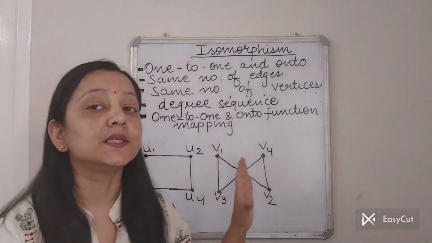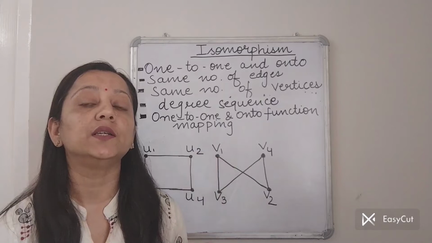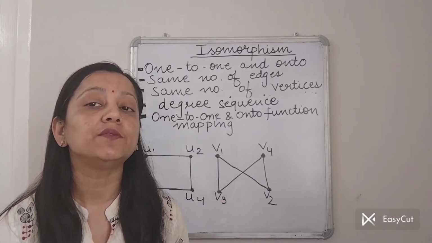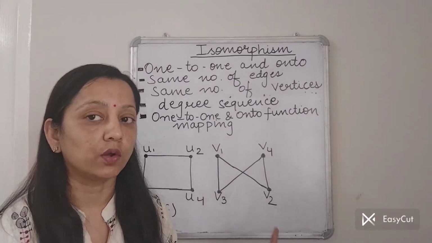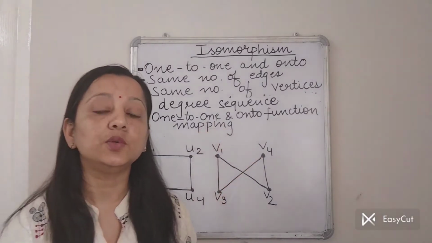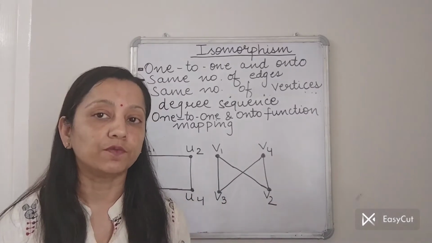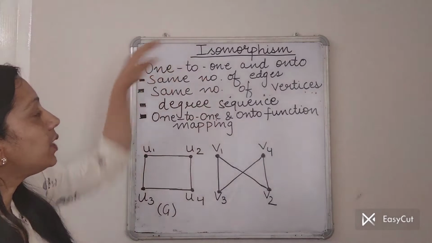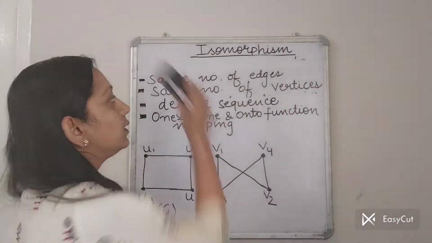So what is isomorphism? How am I going to identify if I am provided with two graphs whether those two graphs are isomorphic or not? There are certain things that you need to keep in mind while checking for isomorphism. The first point is that it should have the same number of edges.